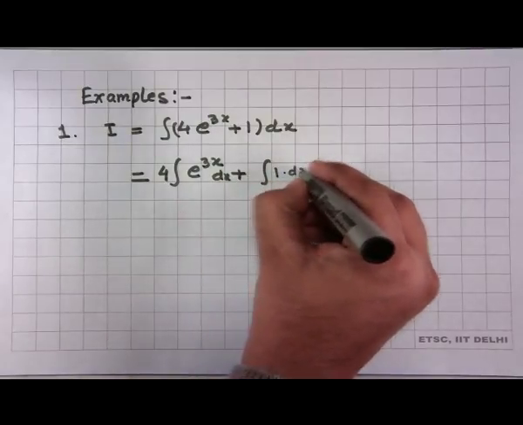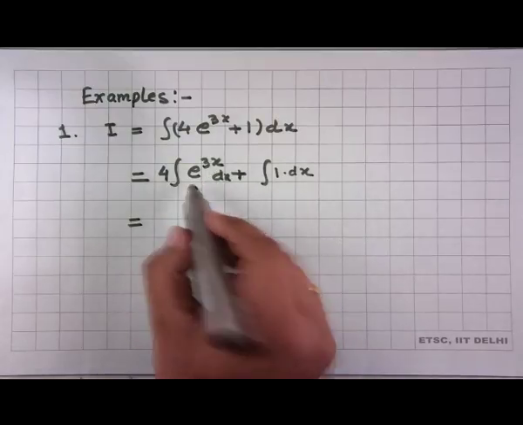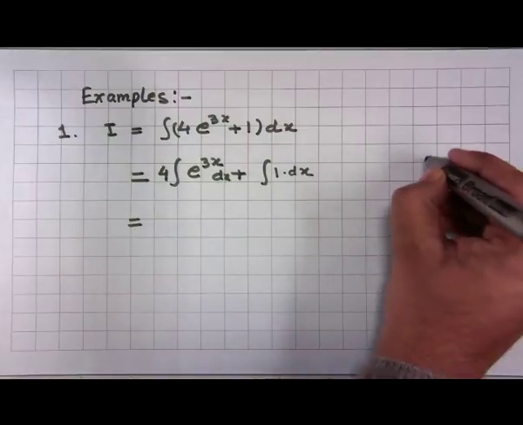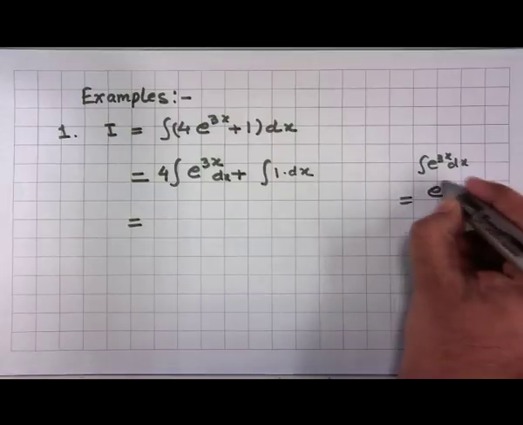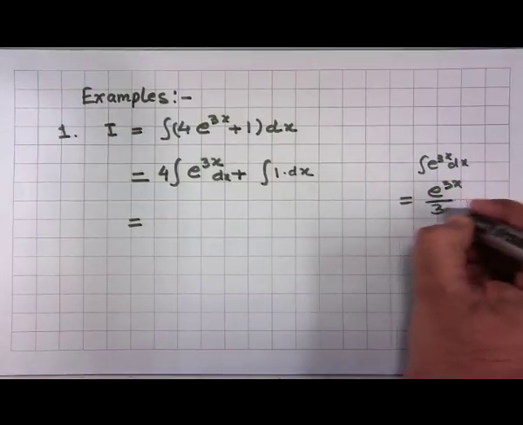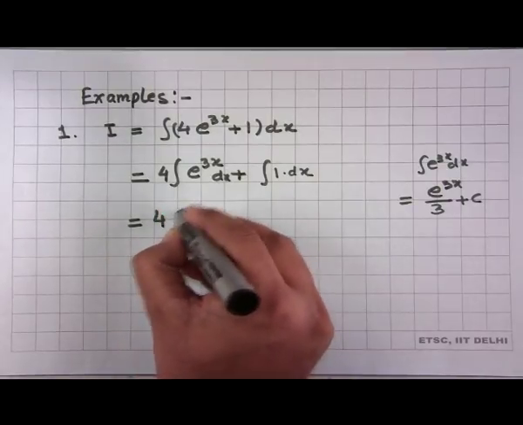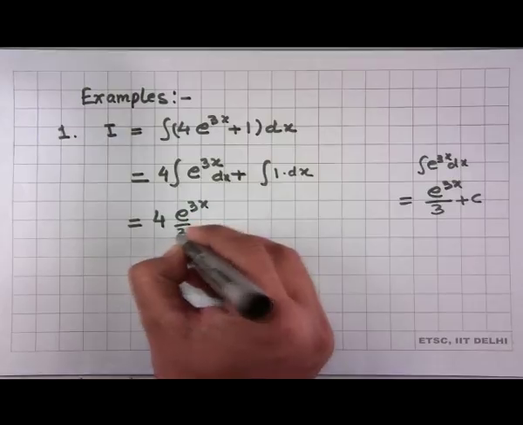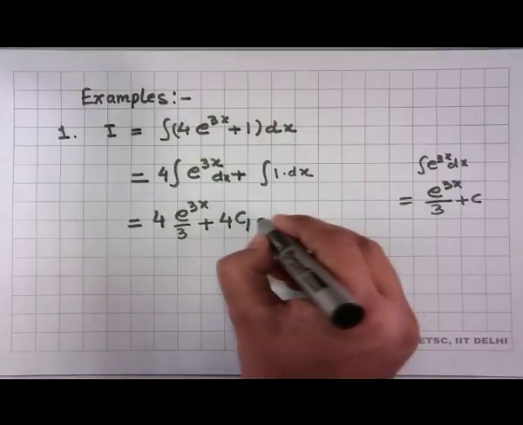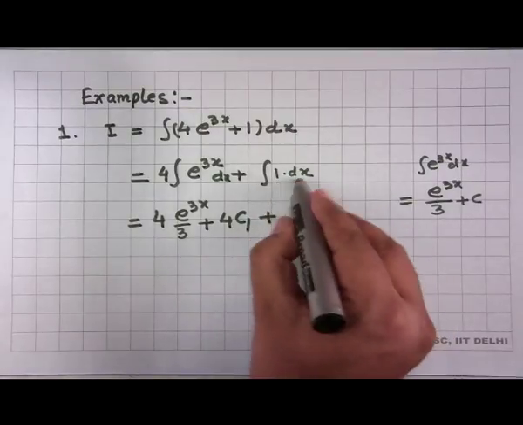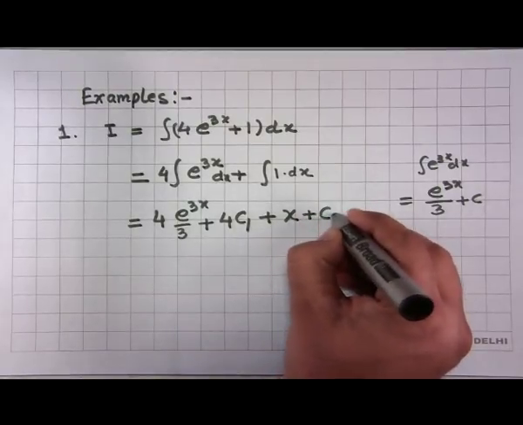1 dx. Now, from the formula we know the integral of e raised to power nx. So, integral of e raised to power 3x dx turns out to be e raised to power 3x by 3 plus a constant. So, we will put it as 4 times e raised to power 3x by 3 plus 4 times that constant, which we will call 4c1, plus integral 1 dx, which we already know is x plus the constant c2.